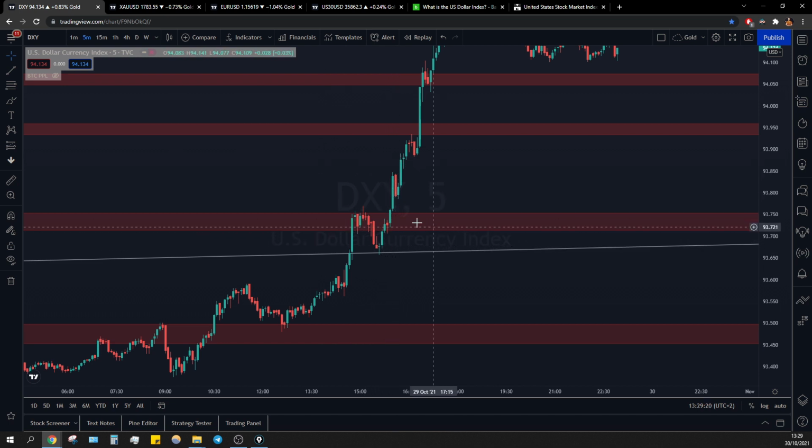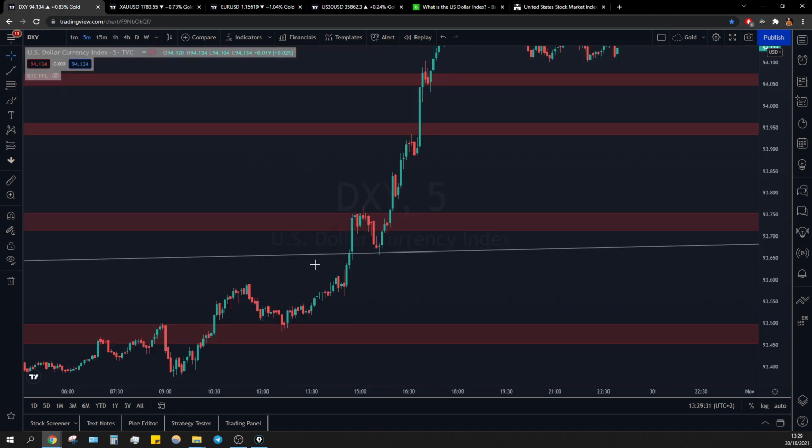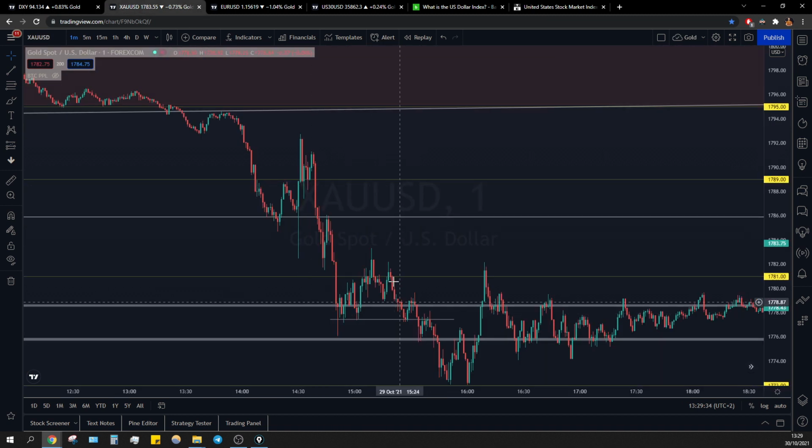After the New York Stock Exchange open, this correction is more or less this correction, this range is more or less this range, and then you have the continuation down.